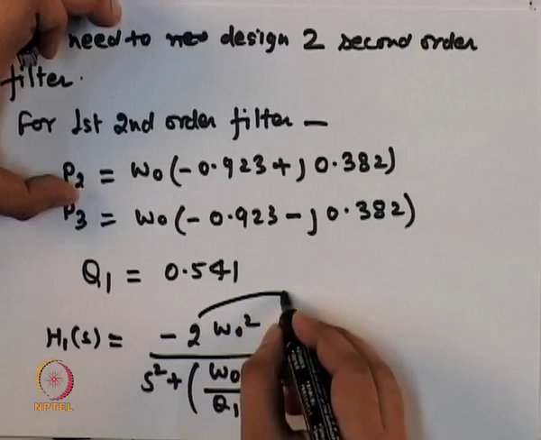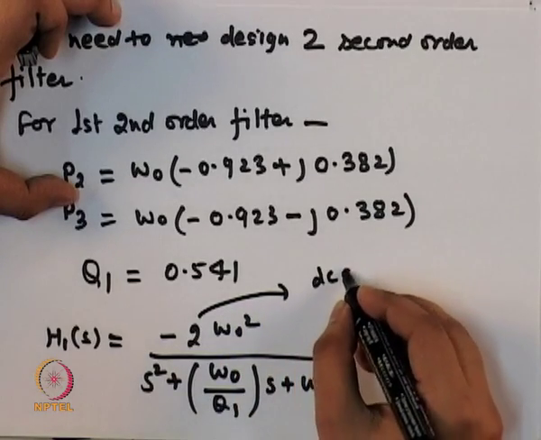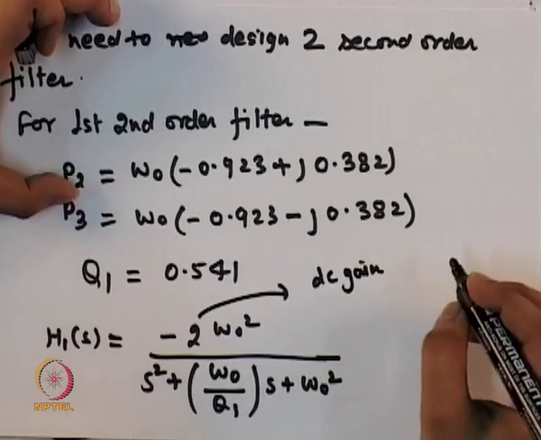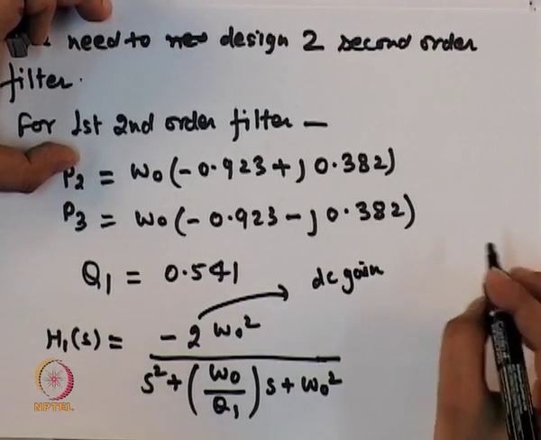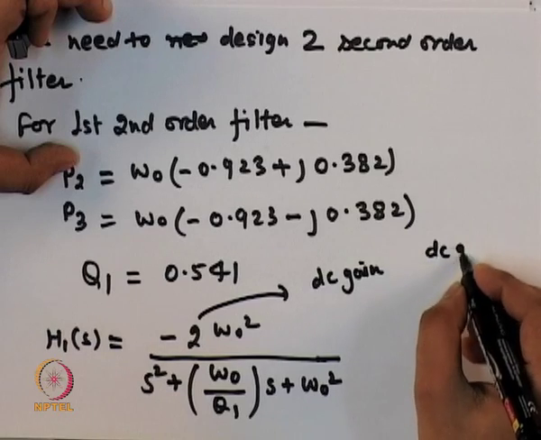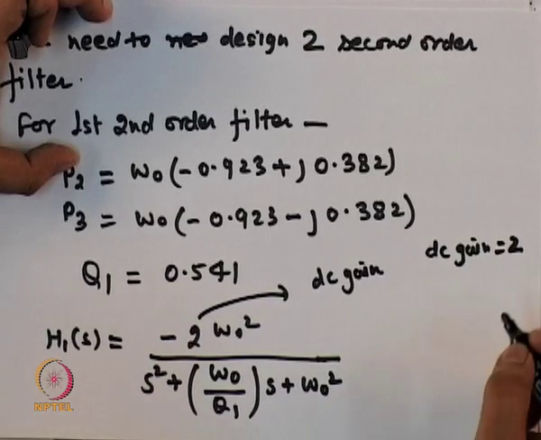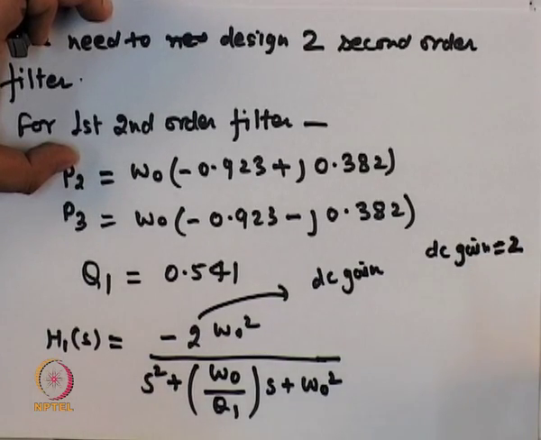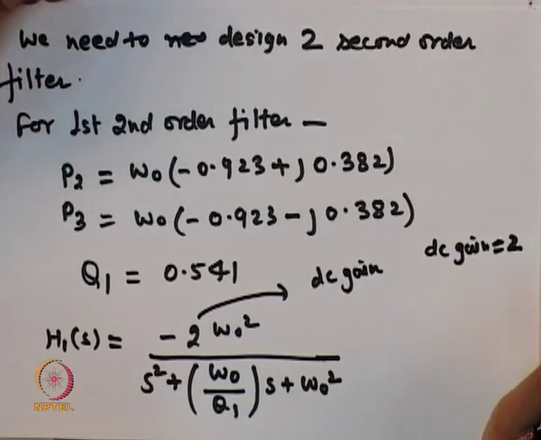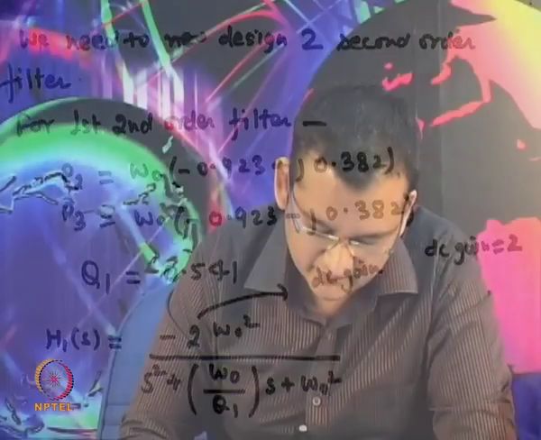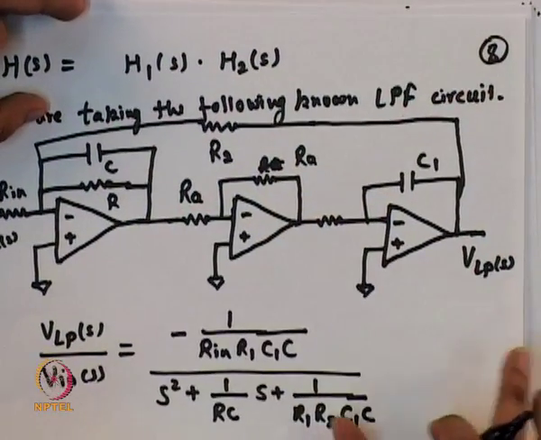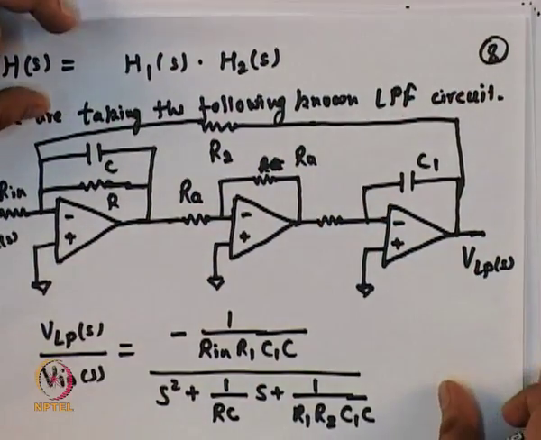Here 2 is the DC gain. So for this second order filter we are taking DC gain equal to 2, and for the next filter we will also take DC gain equal to 2 to maintain symmetrical gain across the two cascaded stages. From this circuit we now need to find the values of the RC components.